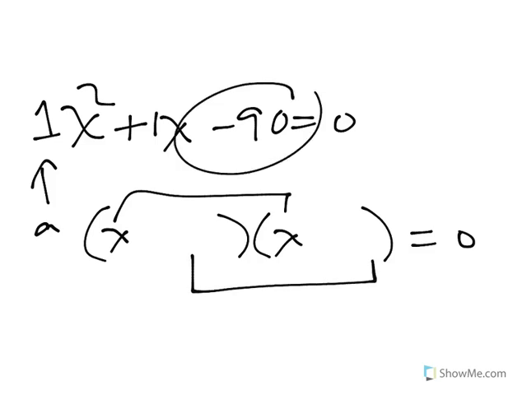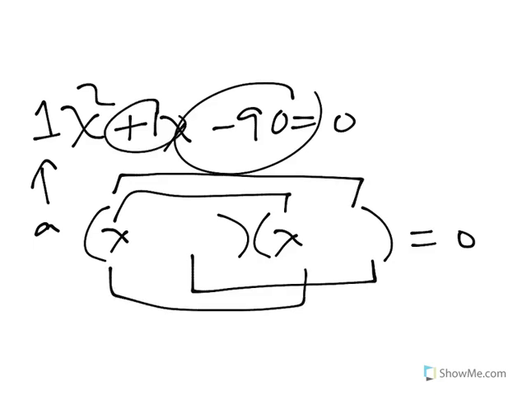They have to multiply to give me negative 90. But when I do FOIL, the outers plus the inners have to add up to plus 1. So you have to ask, okay, to get negative 90, are there two numbers whose product is negative 90, like negative 9 times 10, but at the same time whose sum is positive 1?